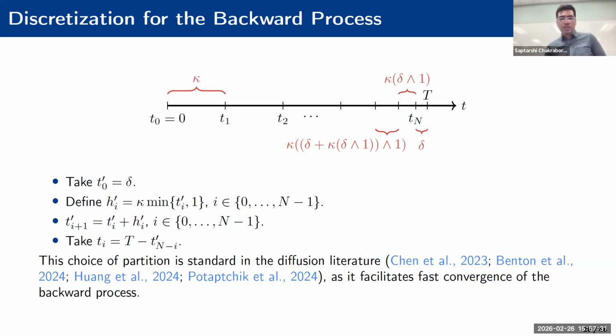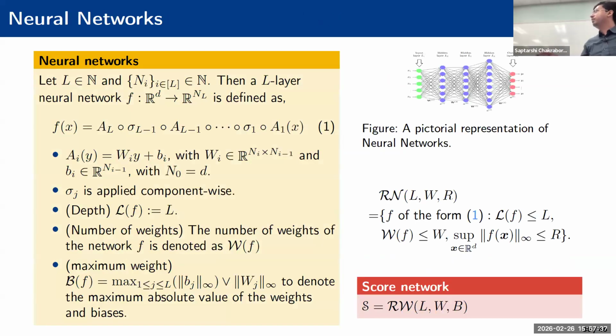All right. So with this geometric discretization scheme, let me briefly also introduce neural networks. These are functions of this form, but notationally, this R(W, L, B) is the set of all neural networks realized by ReLU activation functions with depth L, number of weights W, and maximum weight size B. Only the two parameters L and W really matter, as they control the VC dimension or the pseudo dimension of this network class.